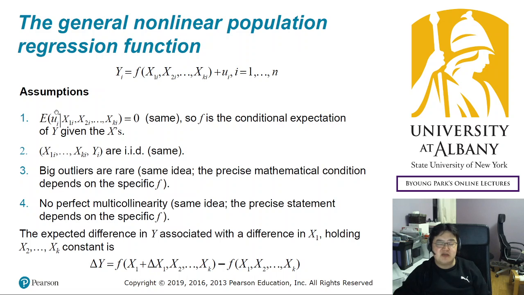It's just a general representation. And the assumptions are the same, even if it's nonlinear. First, there should be no systematic difference in the errors, and the observations must be IID, also the same, and no rare outliers, also the same. All of these are the same, and also no multicollinearity, in the same intuition. However, even though they are the same, there are differences in mathematical derivations and mathematical statements.